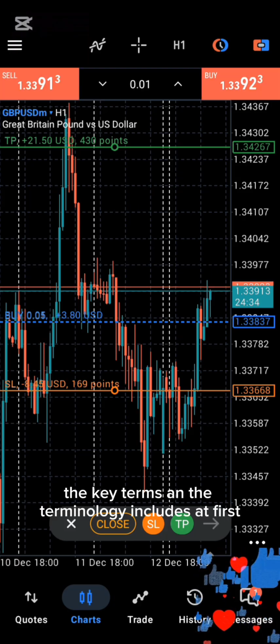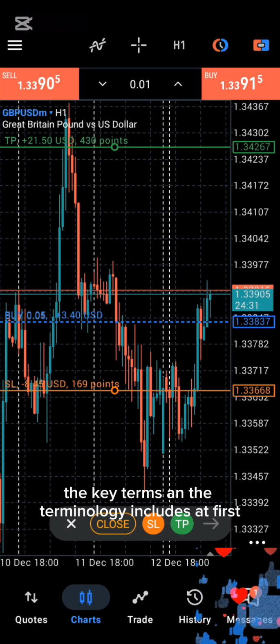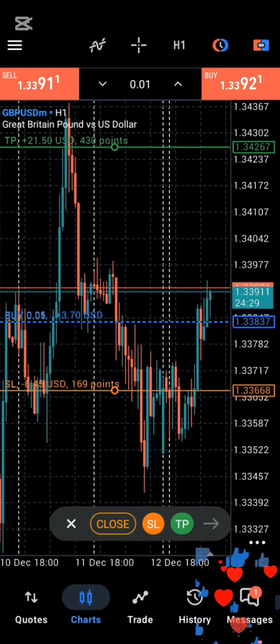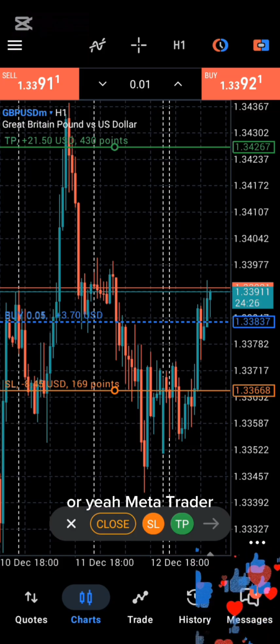Now, the key terms and terminology include, at first, MetaTrader.